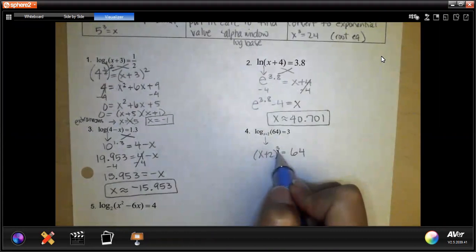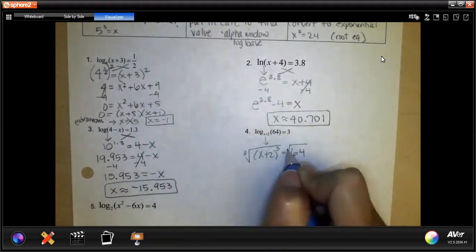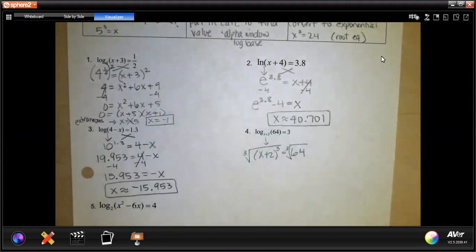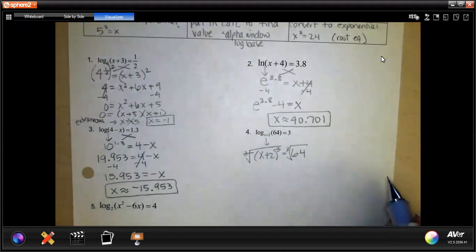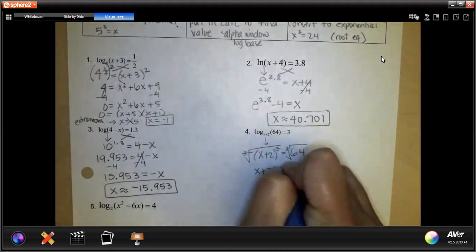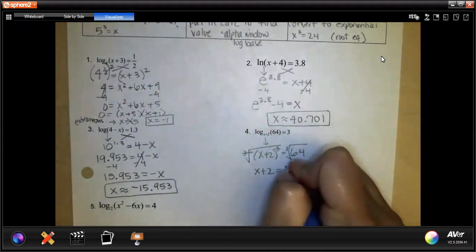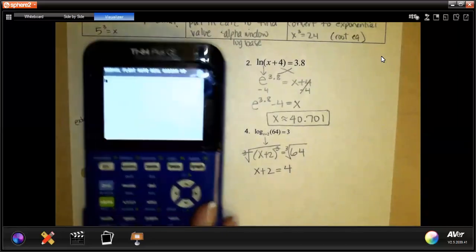Now to get rid of the third power, we take the cube root. And whatever we do to one side, we want to do to the other side. We do that because the cube root and the cube are going to cancel since they're inverse operations. And so we're left with x plus 2. The cube root of 64 is 4. If you don't know that, you can use the calculator to get that.